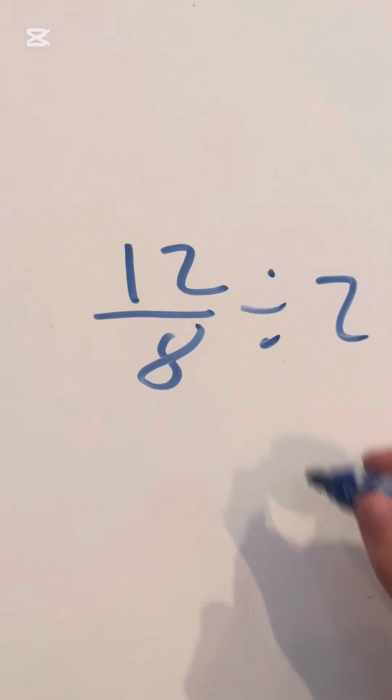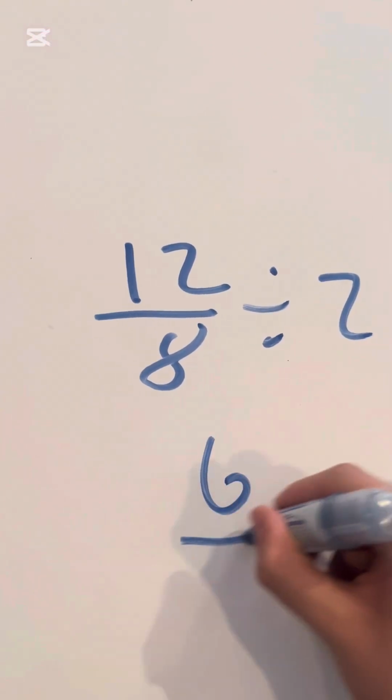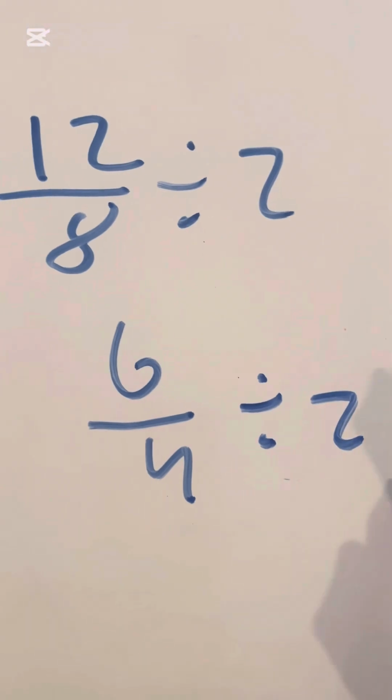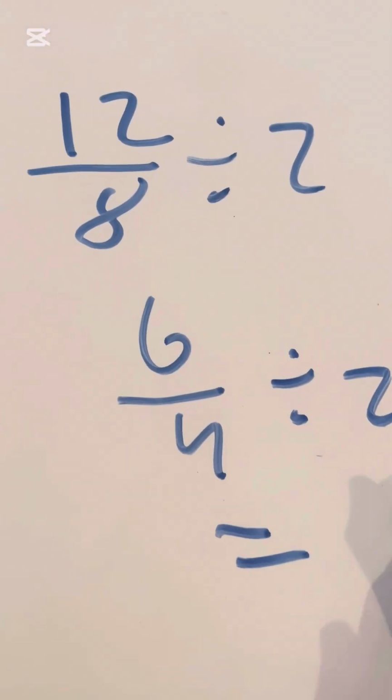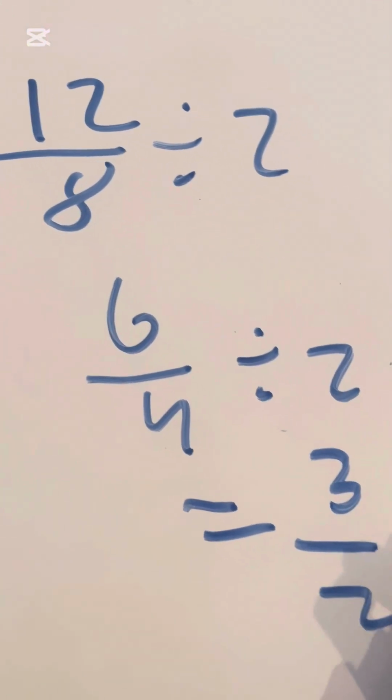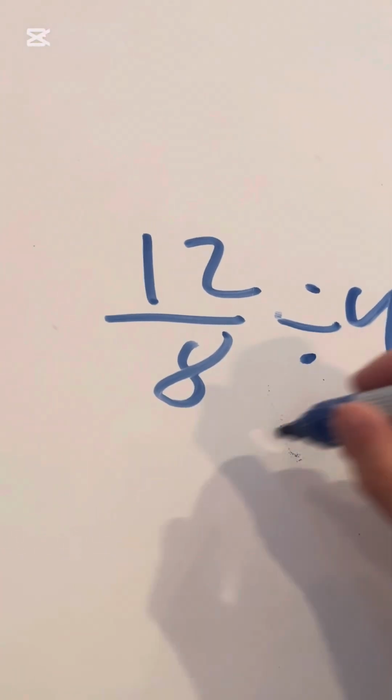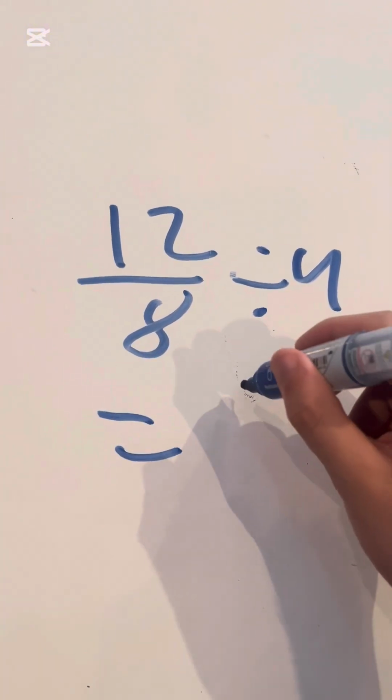The easy way would be to go 2 by 2, meaning that we would divide by 2, which would initially give us 6 over 4, which we could divide by 2 again, and it would give us 3 over 2. The easier way is to just find the greater value, which in this case would be 4, and immediately we know that it is 3 over 2.